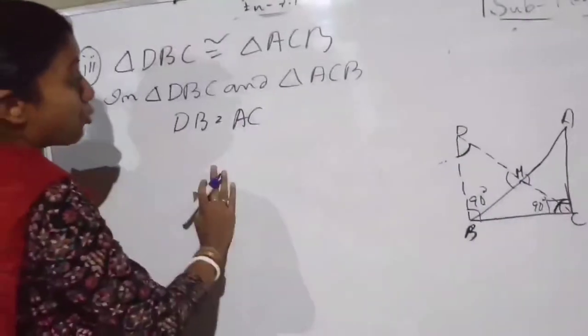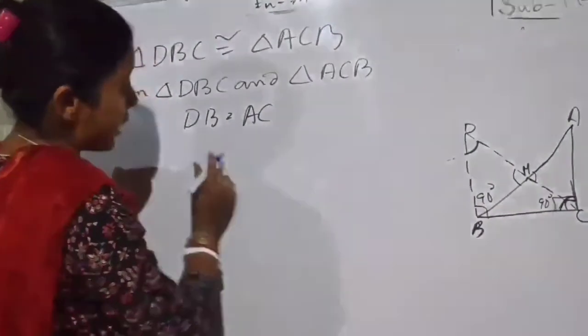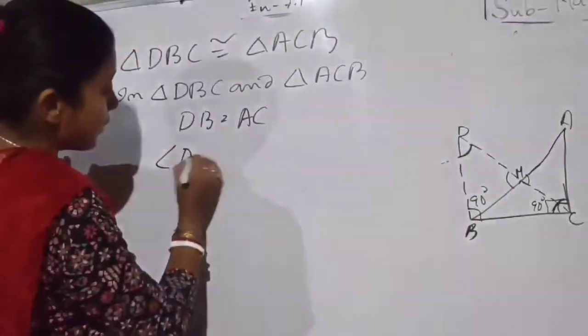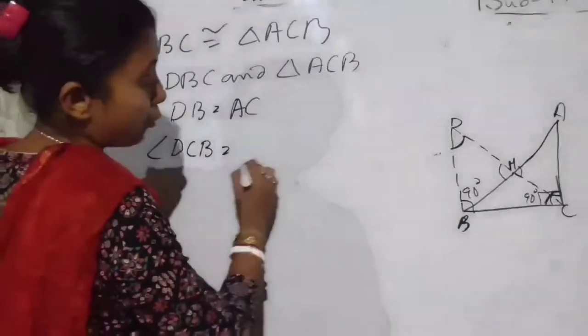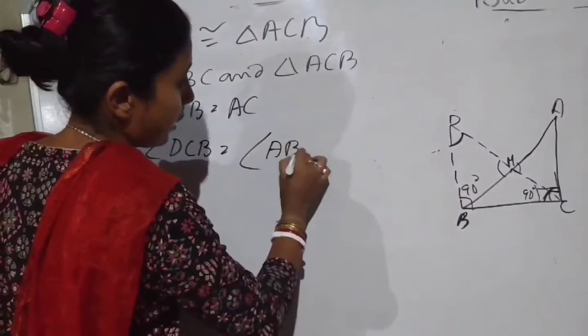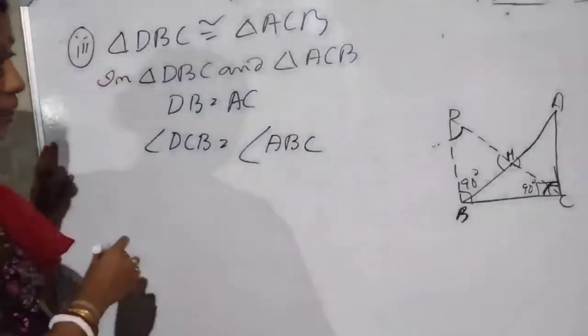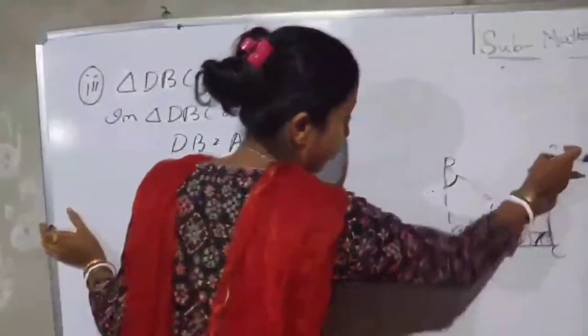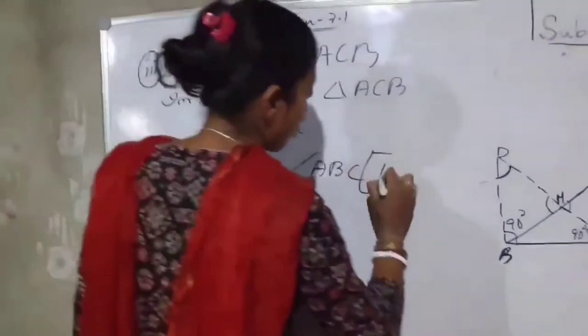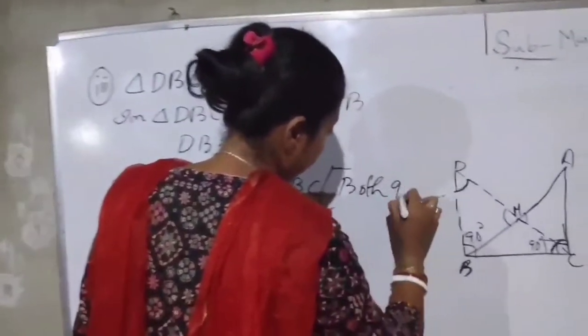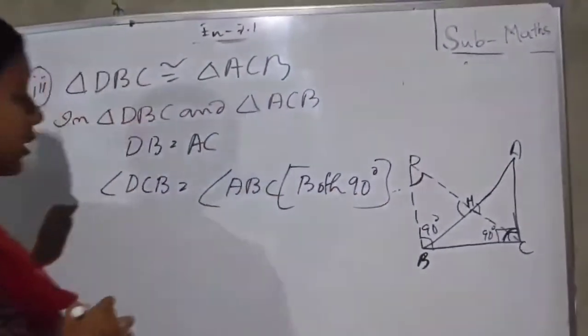So now next one we can say that angle DCB is equal to angle ABC, right? Both are 90 degrees.